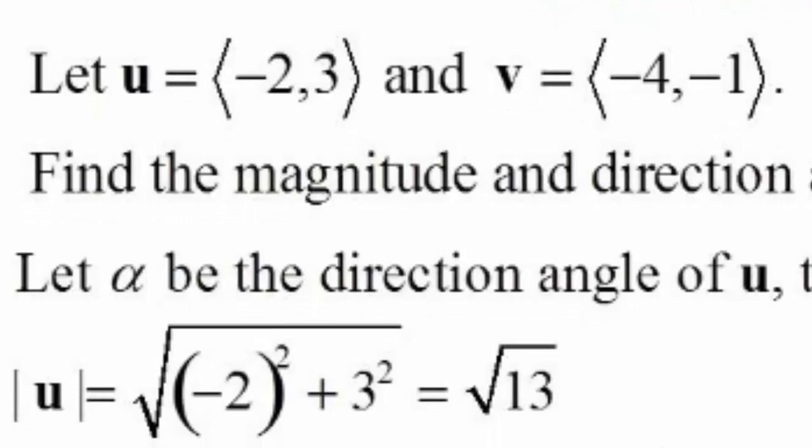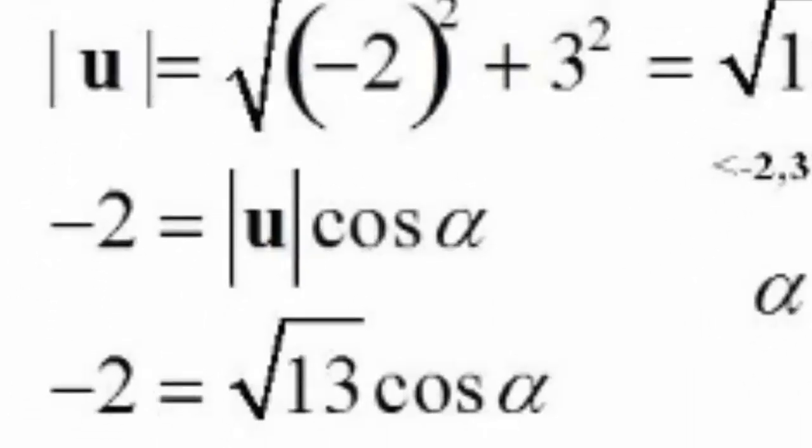We'll denote alpha to be the direction angle of u. So the magnitude of u is the square root of negative 2 squared plus 3 squared, which is the square root of 13. If the vector u is negative 2, 3, that's equal to the magnitude of u times cosine alpha and the magnitude of u times sine alpha.